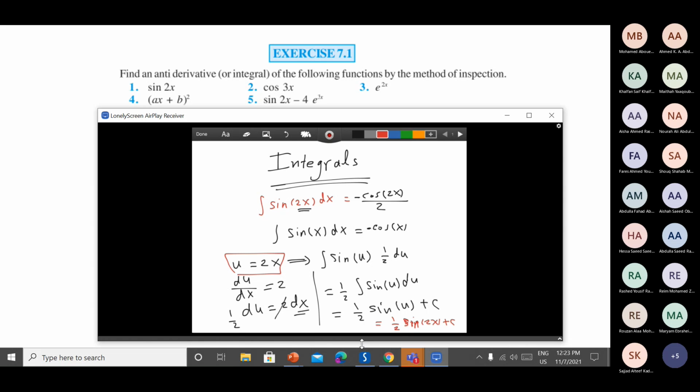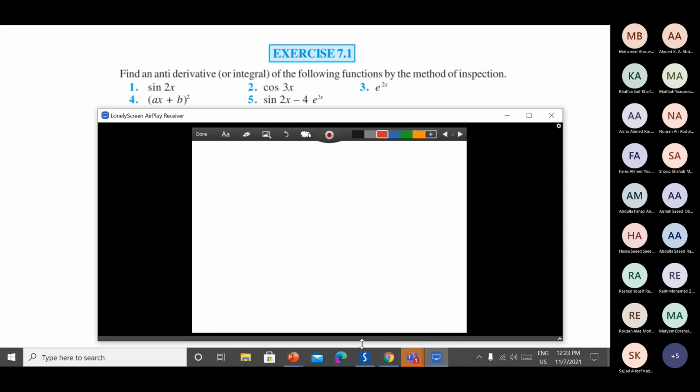Okay. Now let's go for the next one. The antiderivative of cosine 3x dx. In the table, I have only cosine x. So x or y or z, it doesn't matter. I have the integration of cosine z dz equal to what?